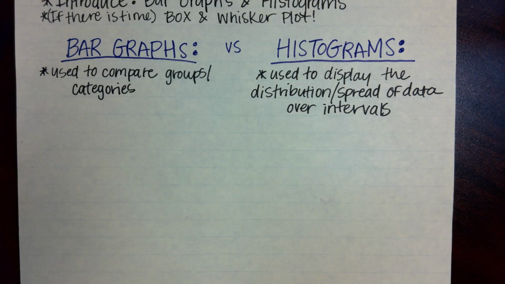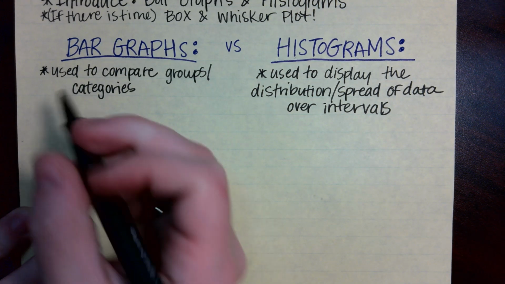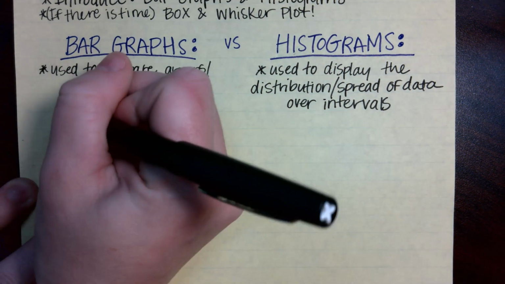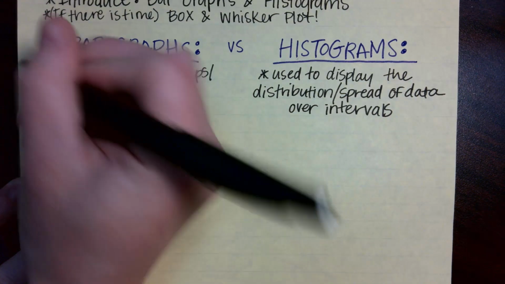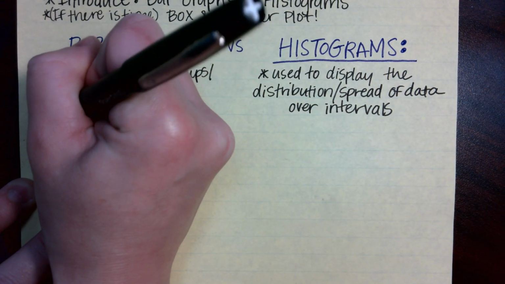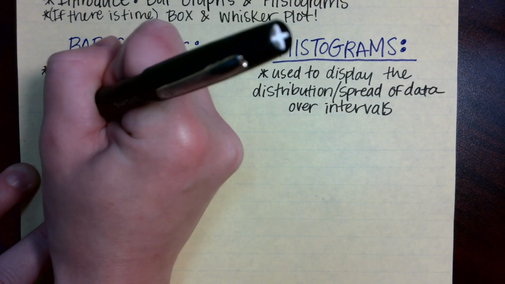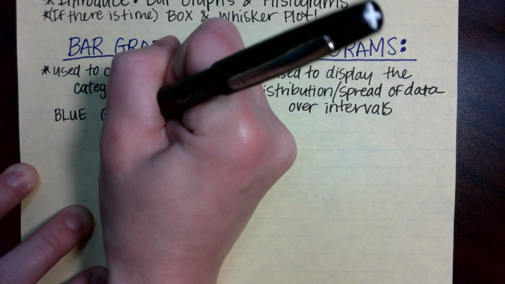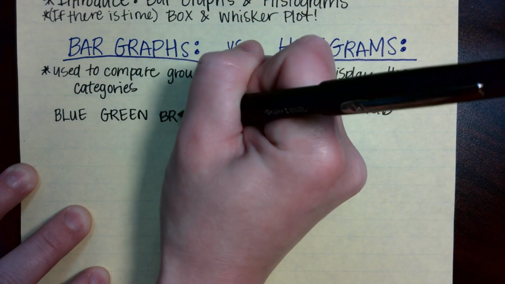So let's, for example, I'm going to give you some data. Let's say I want to compare the eye color of boys versus girls. So I'm going to say we're looking at blue eyes, we're looking at green eyes, we're looking at brown eyes.